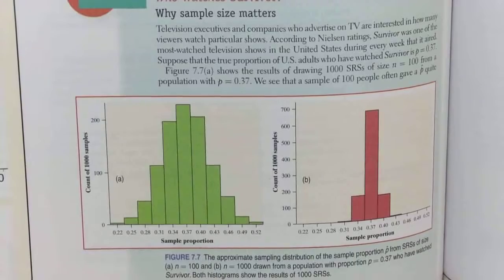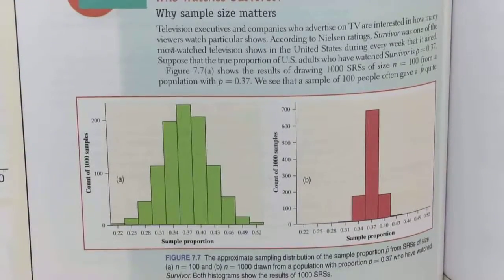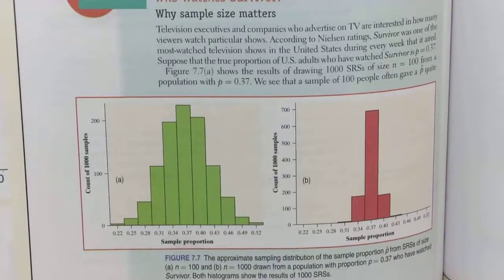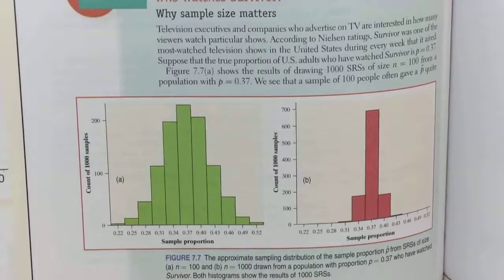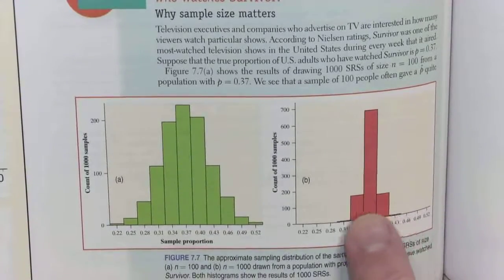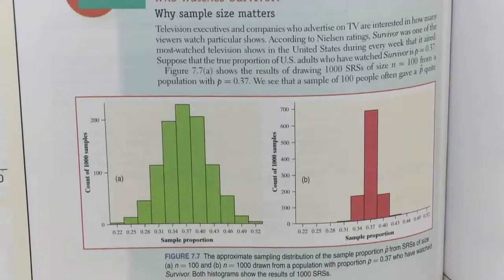The standard deviation of the p-hat values in the A, or the green one, is about 0.05. Using simple random samples of size 1,000, the values of p-hat only vary from 0.32 to 0.42, so much smaller variation. For the red one, the standard deviation is about 0.016, so much smaller. Most random samples of size 1,000 give a p-hat within 0.03 of the actual population parameter of 0.37. So most lie very close, where here you have a lot going out.